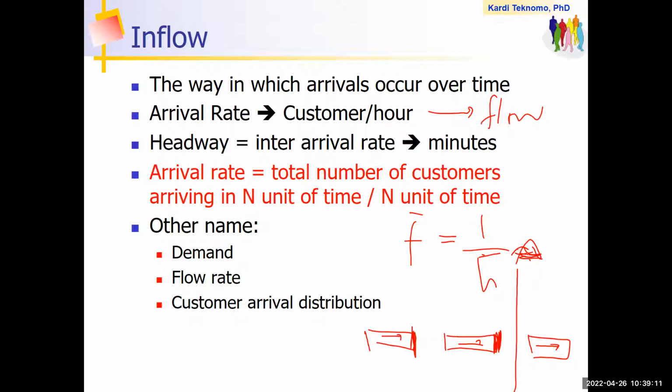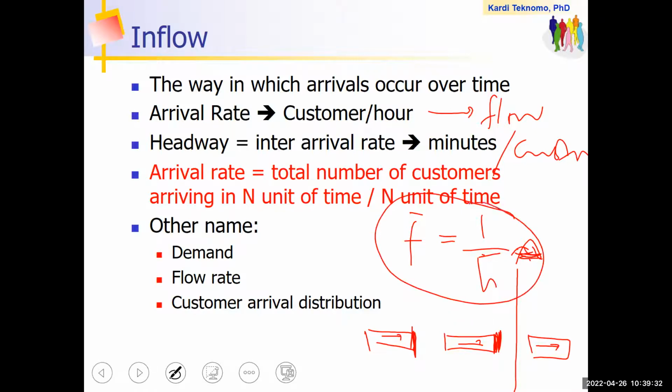That means the mean of the time. The unit is minute per customer, or second per customer. So time per customer. That's why we can say that 1 over the average of headway is the same as the flow rate itself. Is it clear now?